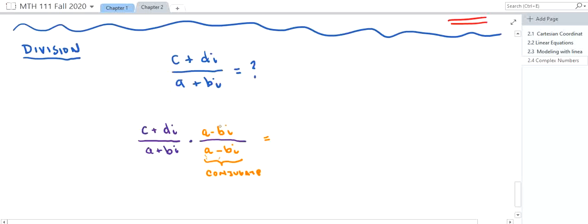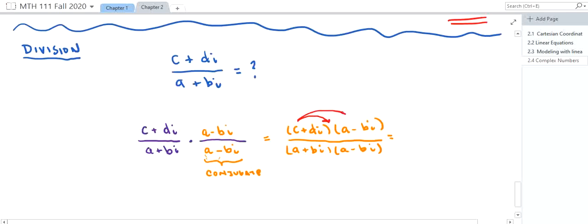So division is kind of complicated. So now we've got to do multiplication in the top and the bottom here. And a subtle difference in the multiplication. Okay, so in the top, again, we're going to do this the same way.